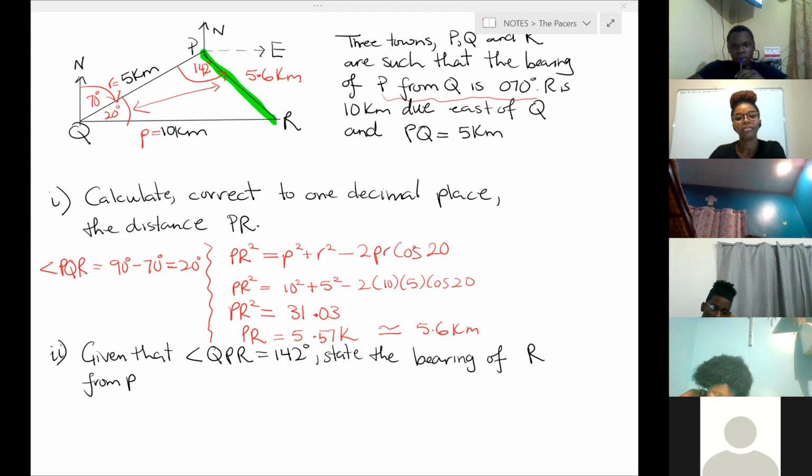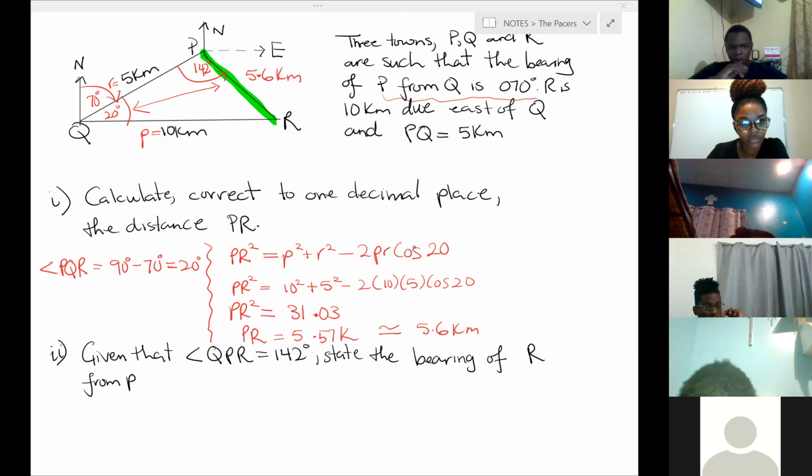How do we go about working out the bearing of R from P? Tell me how to write in my bearing. The bearing of R from P. Where would this bearing be? It is the angle between P and N. Well, no, the other way around.